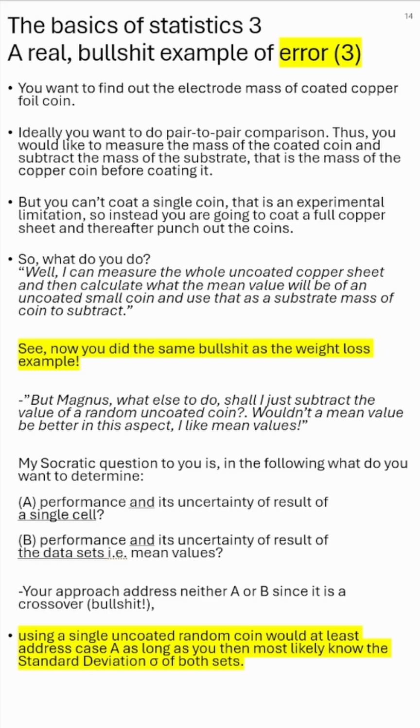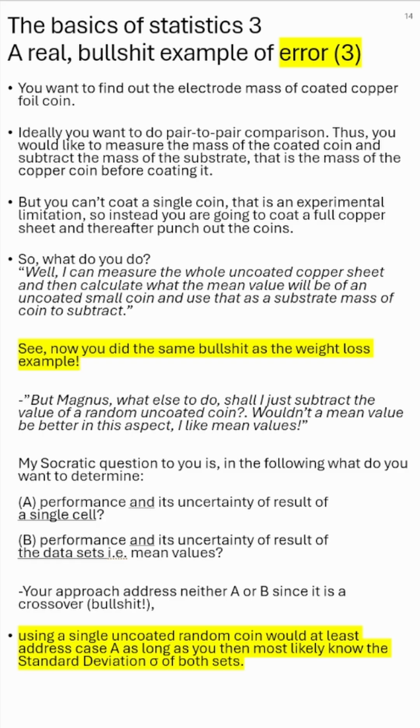Well, then my Socratic question to you is, in the following case, what do we want to determine? A, the performance and its uncertainty of result of a single cell, or B, the performance and its uncertainty of result of the data set, actually the mean values. So if you're measuring the whole foil after and before coating and subtract those, then you get a comparison of mean values, more or less.